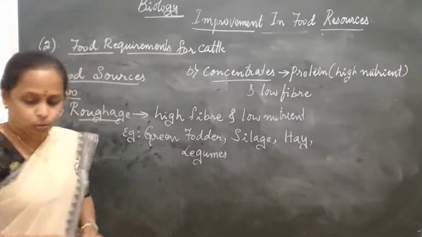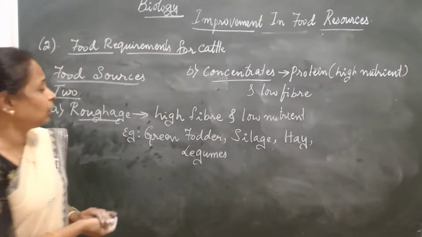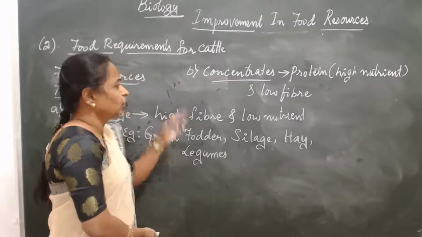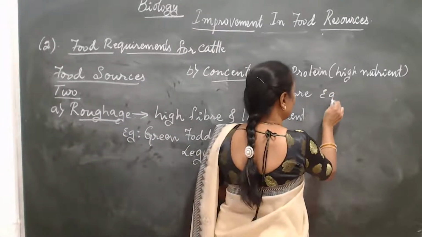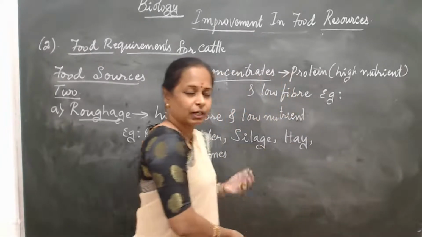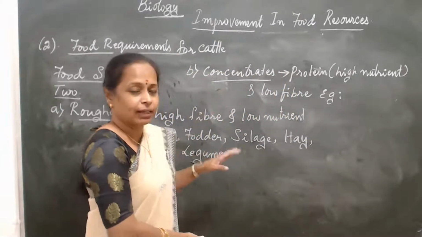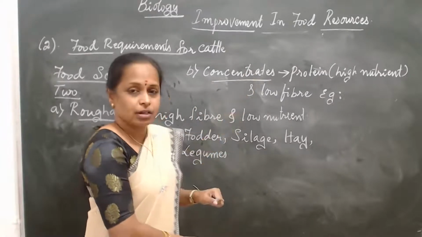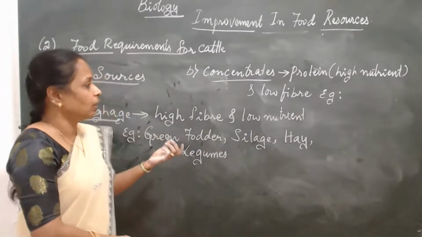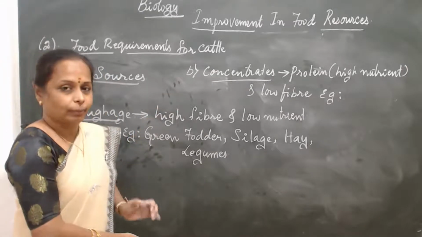Is it clear? So what are the things given by the farmer to take care of these dairy animals? What do we give them as extra energy? This extra energy is to increase the amount of milk production.